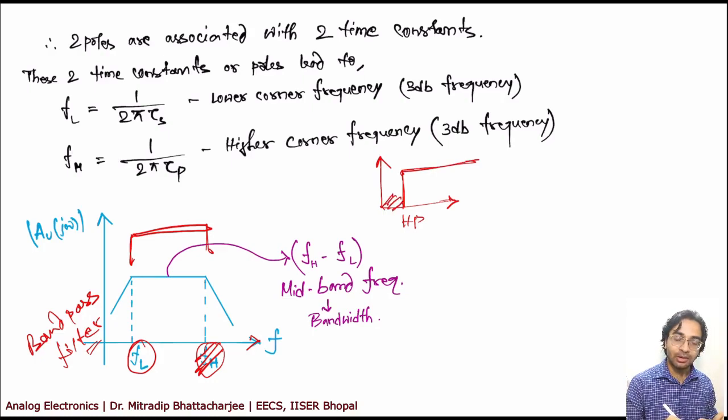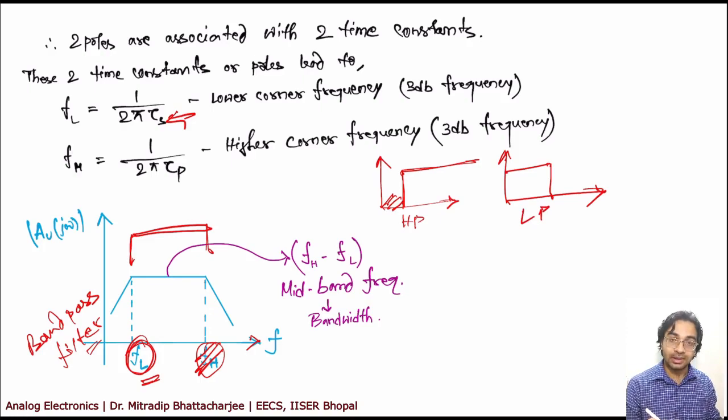It blocks the lower frequencies, so it only allows the higher frequencies, and this FL is the cutoff frequency. Now you can choose this value of FL by adjusting tau s. Similarly, you can also create a low pass filter just by adjusting the value of FH. Don't consider FL in this case.